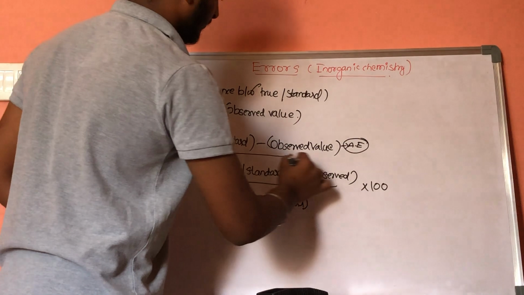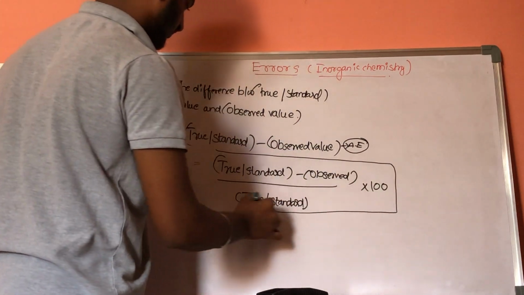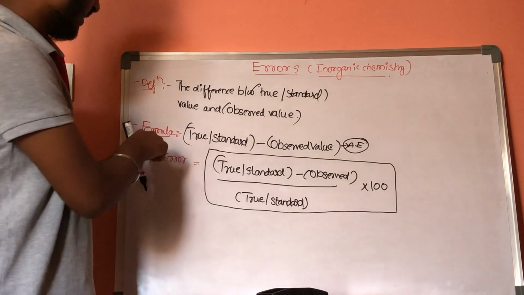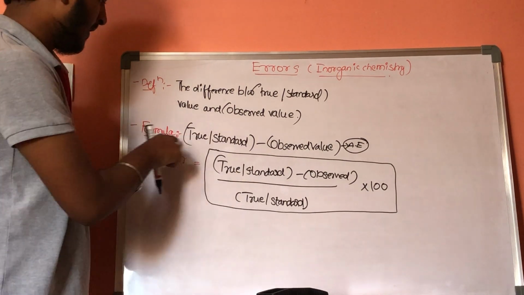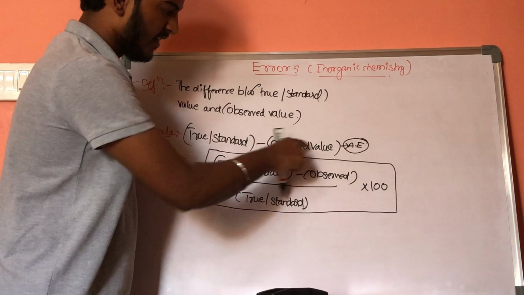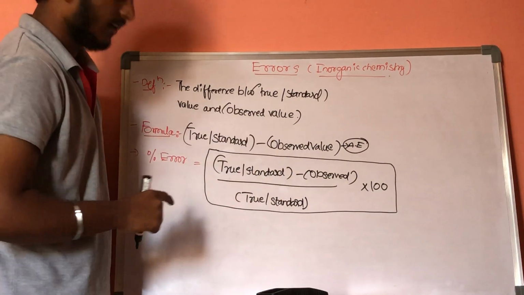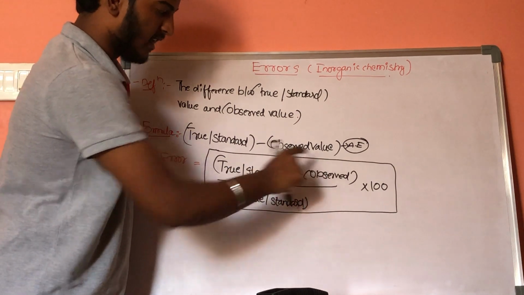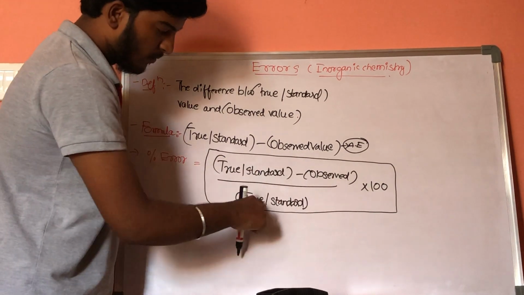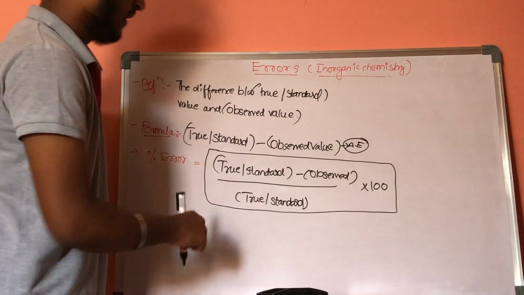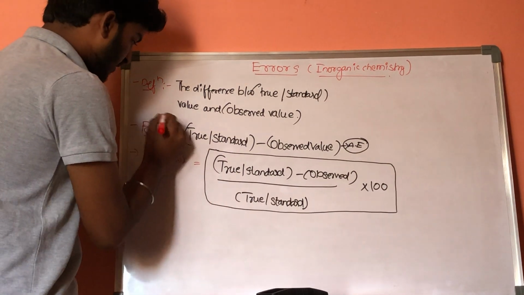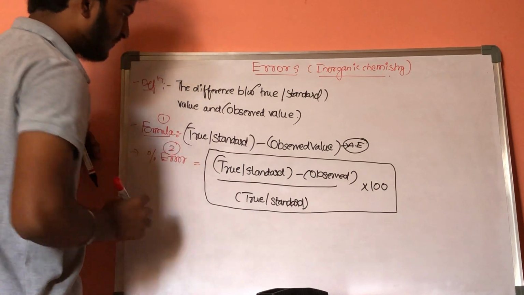This is the formula for percentage error, and the earlier one is the formula for absolute error. This is the first formula and this is the second formula.